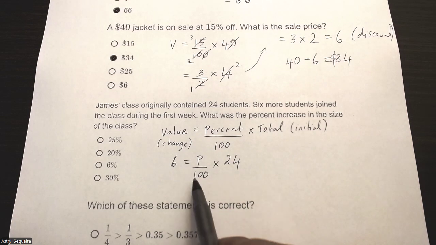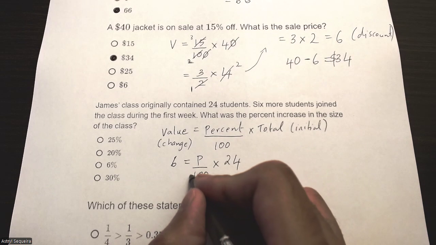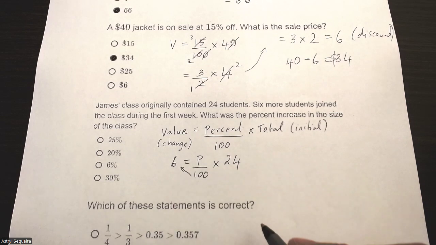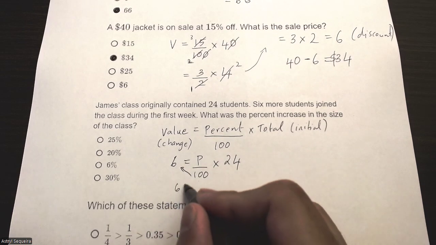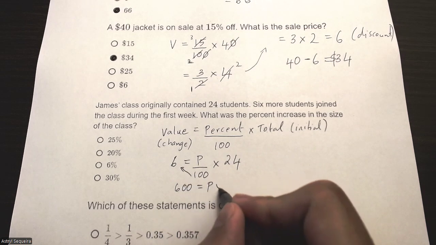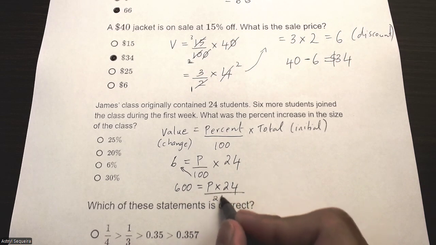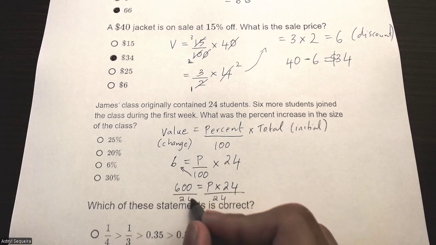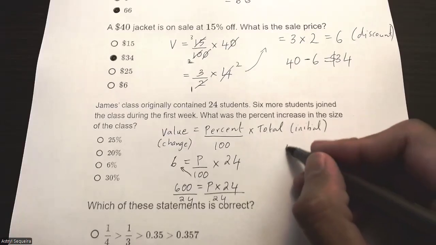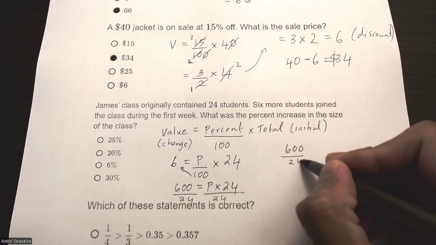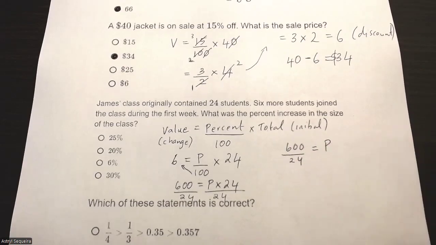So now I have to cross multiply this over here. So 600 equals P times 24. And then I'll divide both sides by 24 to isolate the P. So 600 over 24 equals P.